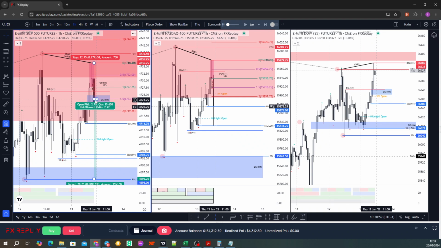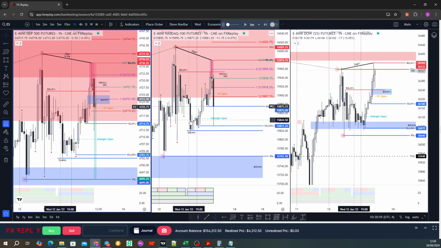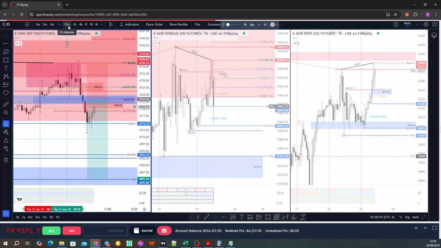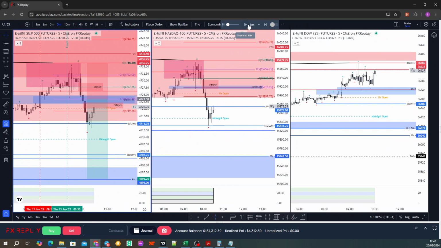It's where the price is rejected. I'm looking at NQ and I'm thinking, well, you've left relative equal lows. Okay. Let's keep it on the 1 minute.